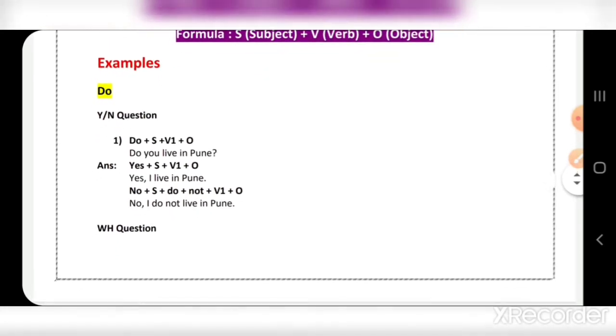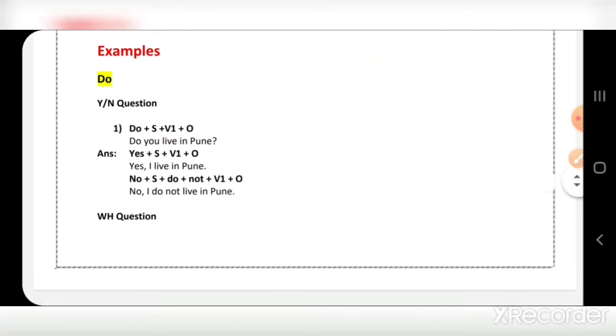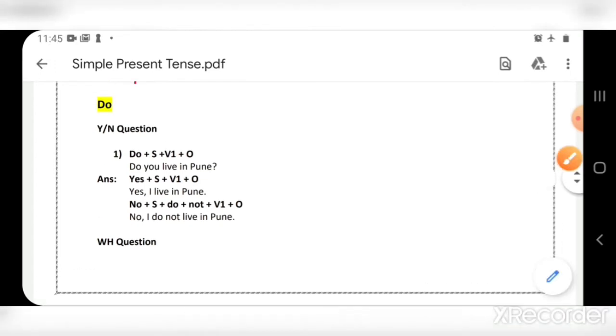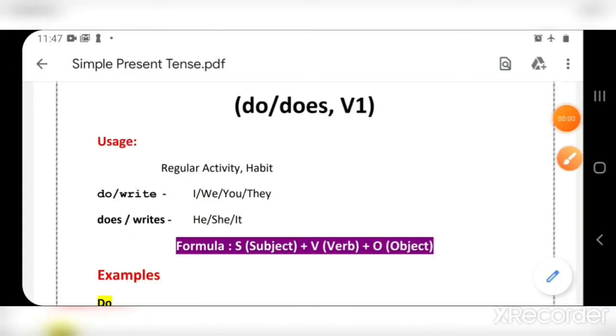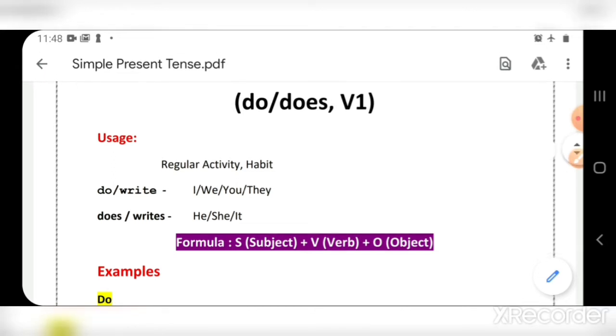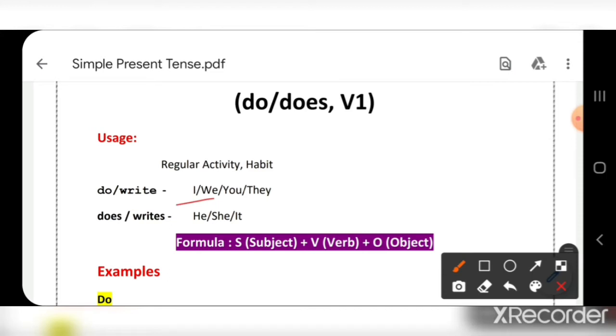Okay, so here is do. Now, why have I written here do? Because yes no type questions when we ask in this sentence. Okay, so now I would use here I, subject, I, verb, which is my regular activity.